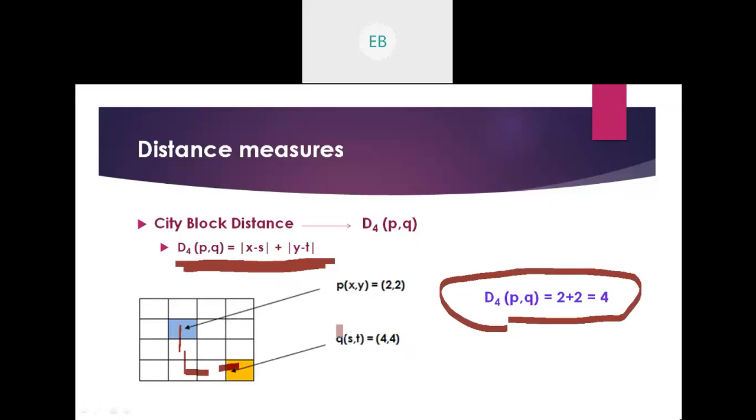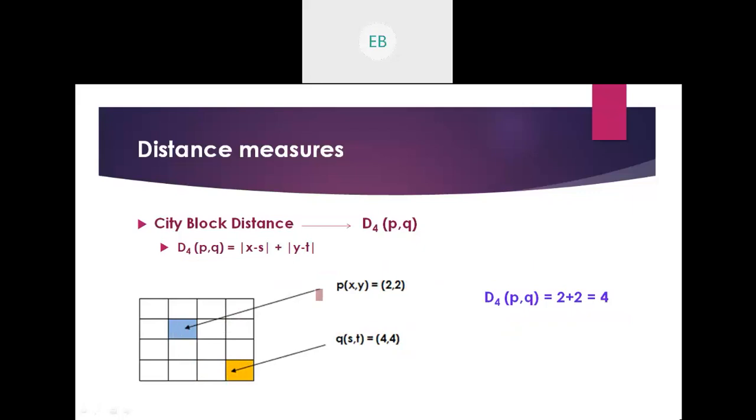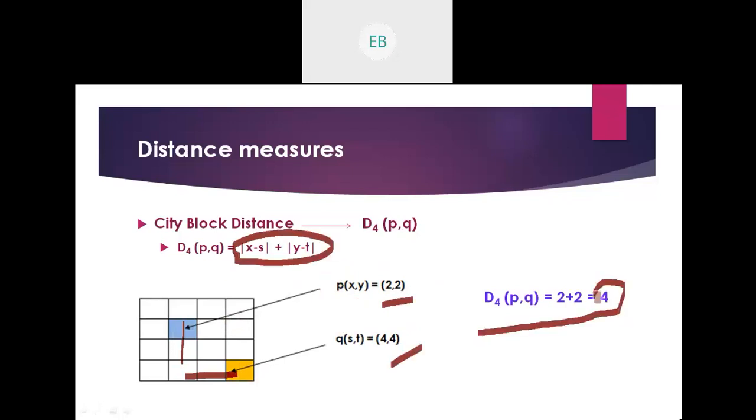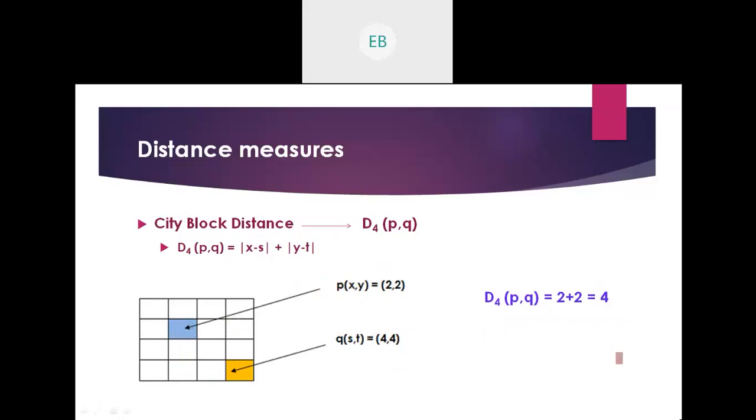Or else, the values are already given and you can place them in the formula. I'm using this for remembering purposes only. So this method is also easy, or you can directly keep these values in the formula and get 4 straight away. So this is the city block distance.